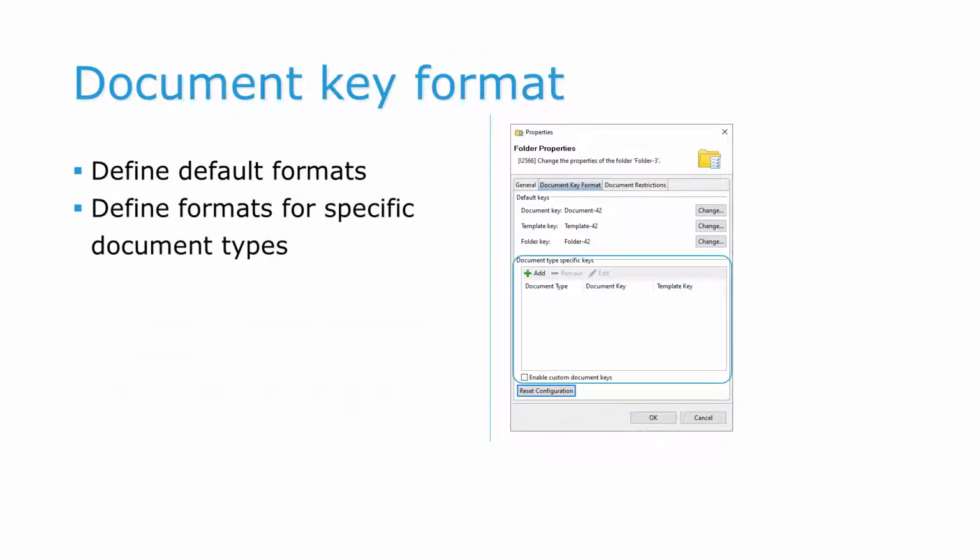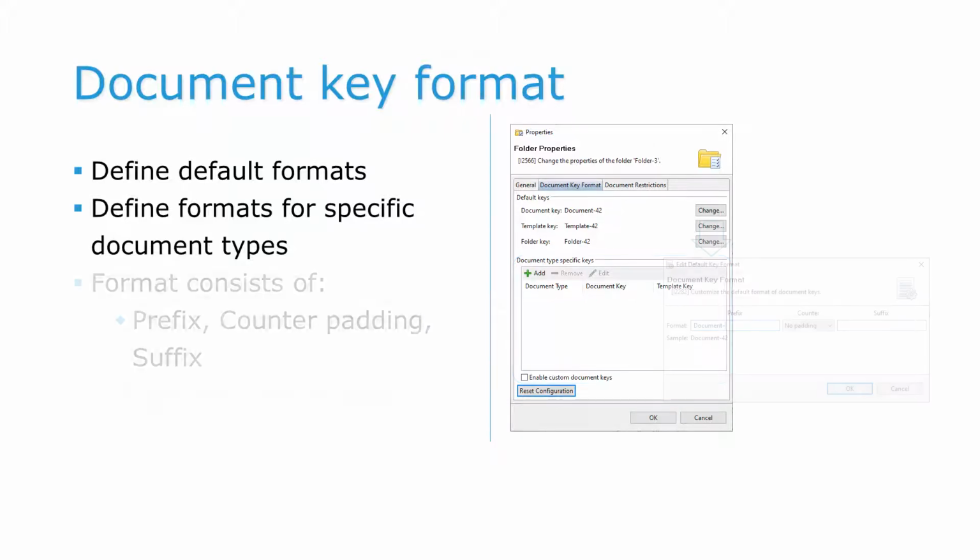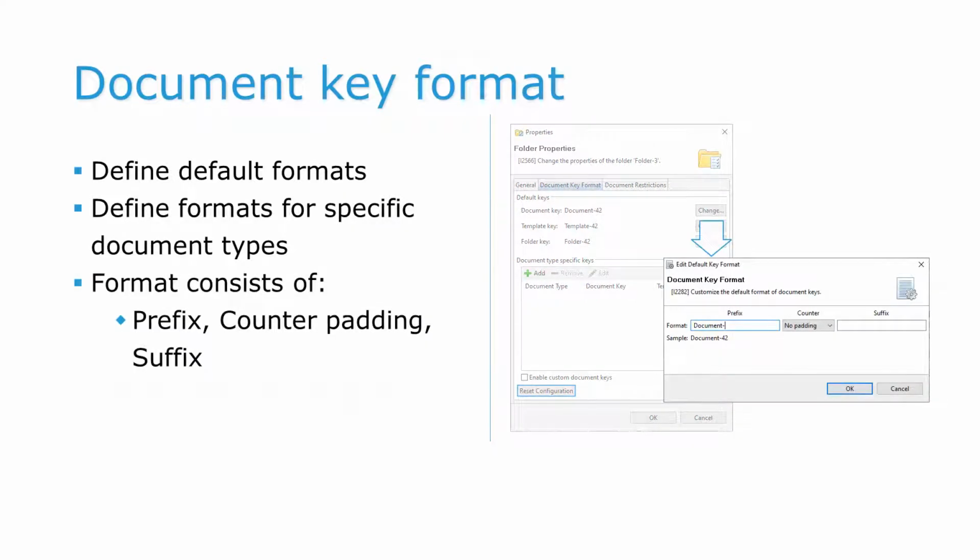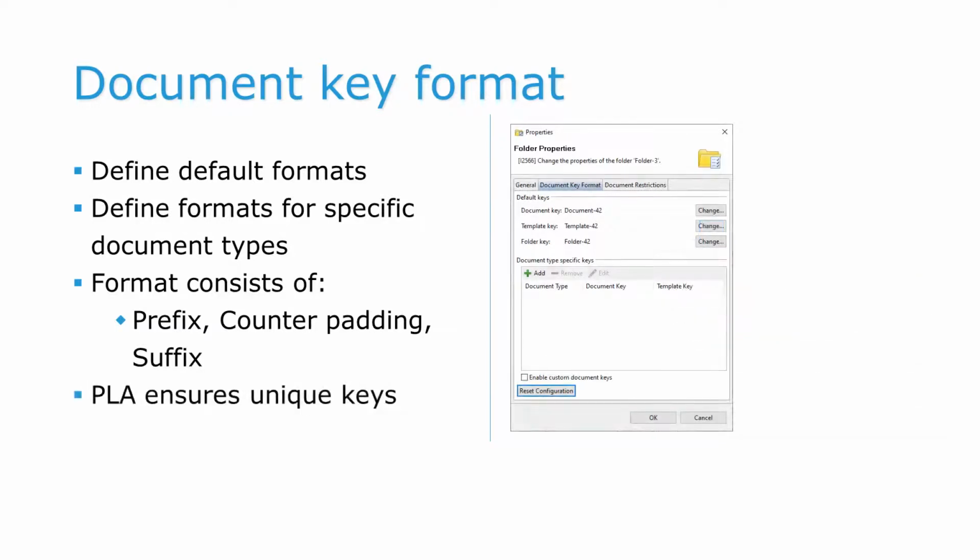You can also define key formats for documents and templates of a specific document type. The formats consist of 3 parts, that is, an optional prefix, an optional suffix, and the mandatory numeric counter. For the counter you can set an optional padding of leading zeros. The PLA platform guarantees that every key is unique.